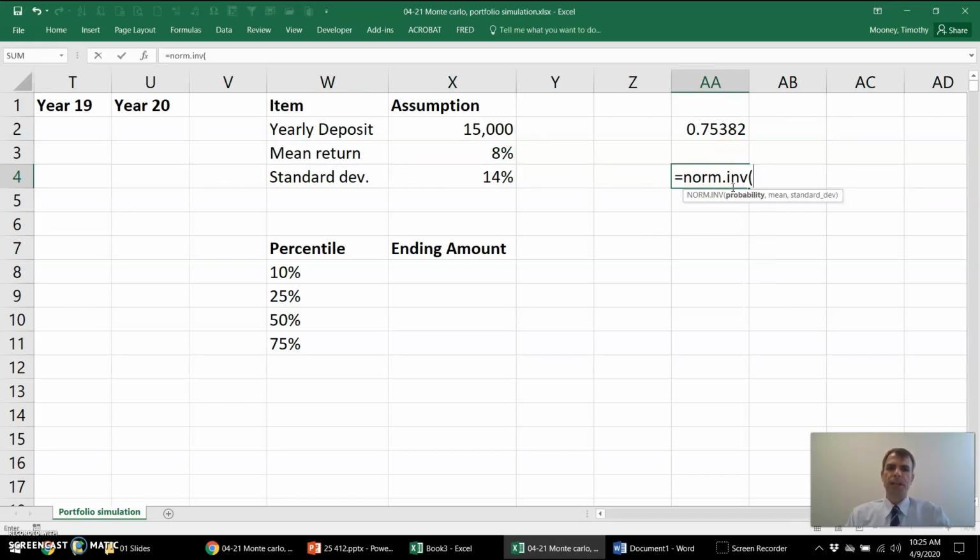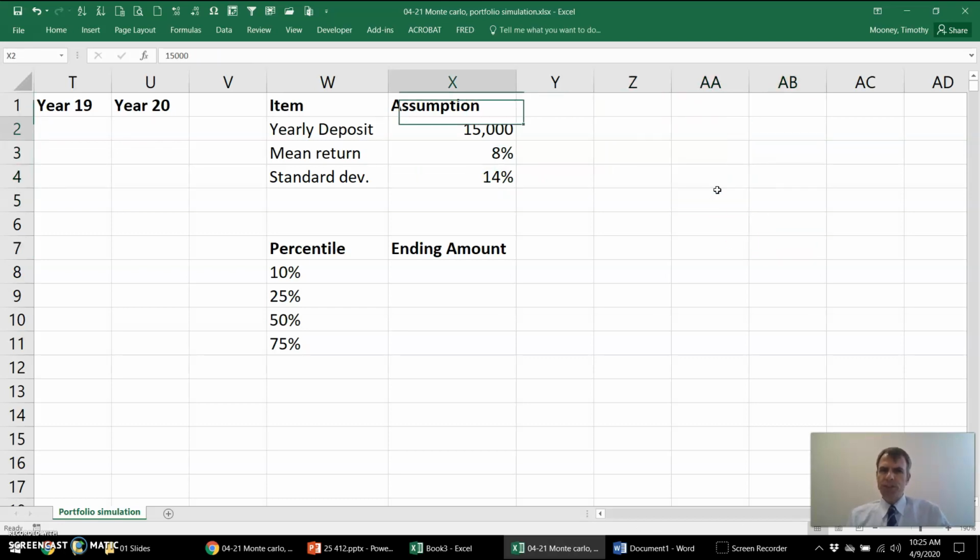So NORM.INV, first argument is RAND, and then the second argument is the mean, and the third argument is the standard deviation. As I hit enter, the random number is going to update. But let's see, the 29th percentile of this distribution is a return of about 0.26%, pretty low. The 77th or 78th percentile is well above mean return, 19% in a given year.